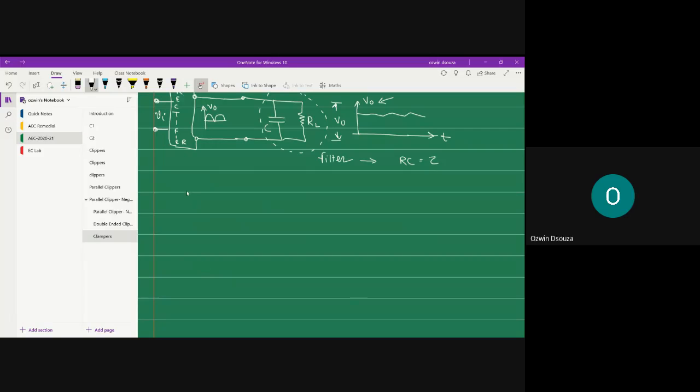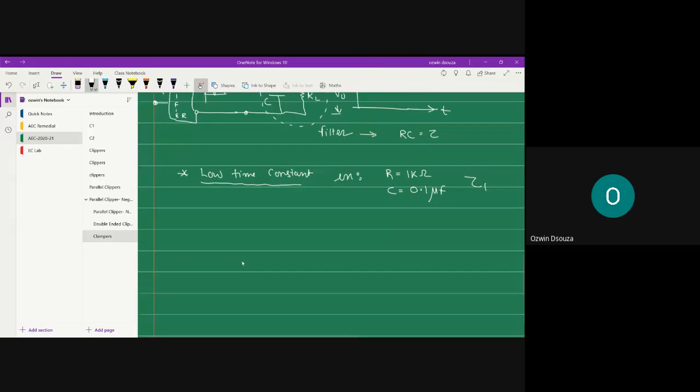Now, what implication does it have on the waveform V0? Let's say you choose a low time constant. Example: let us fix the value of R as 1 kilo, and let us say the capacitor is 0.1 microfarad. When you multiply R and C, you will get some time constant tau 1.